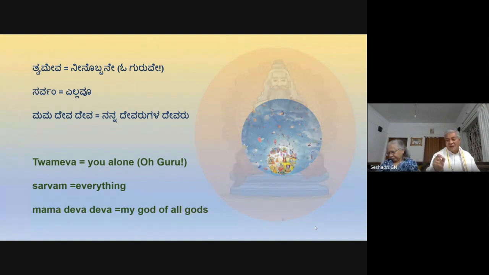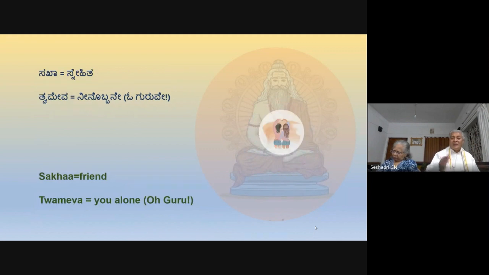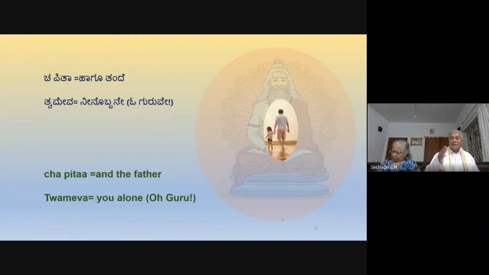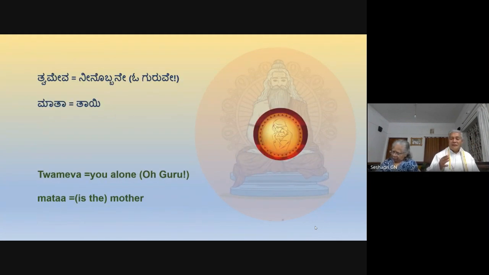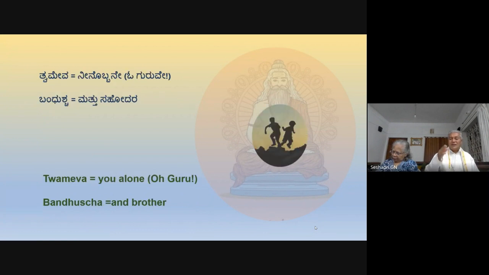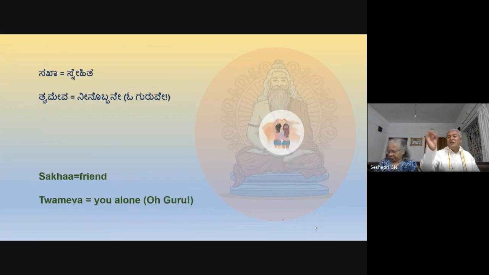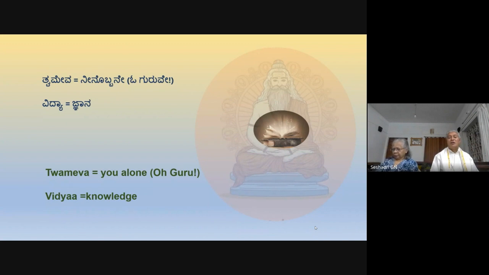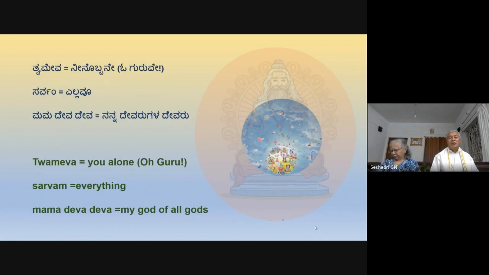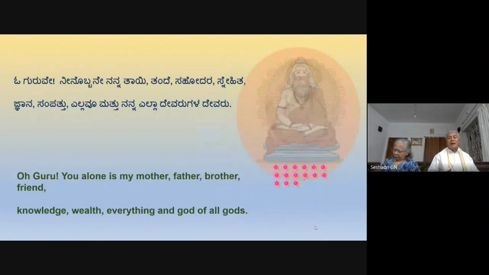Here we are seeing Guru as that Supreme Brahman. We are saying, Guru, you are that Supreme Brahman. So, you are my father, mother, brother, sisters, friends, and you are everything. You alone are true. You are all my God of gods.